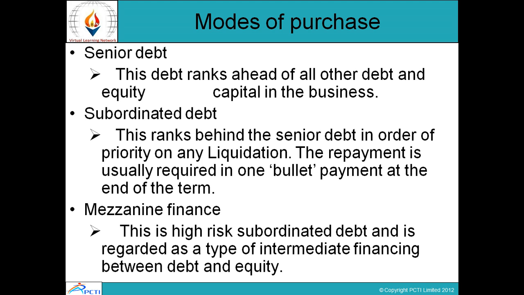These include, for example, the first one, senior debt. It is a kind of debt which is above and ahead of all other kinds of debts or equity capital in the business.